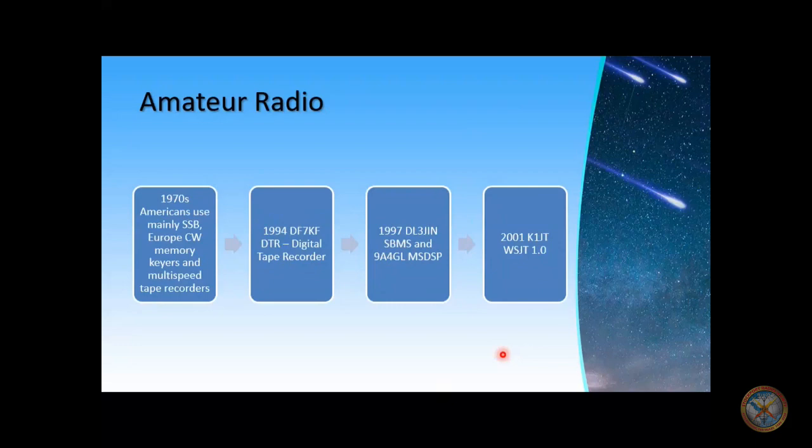In the 1970s, there weren't many amateurs using it, but there's always some crazy people. In America, they were using mainly single sideband. Again, they used a period, and it's still used like that more or less today.